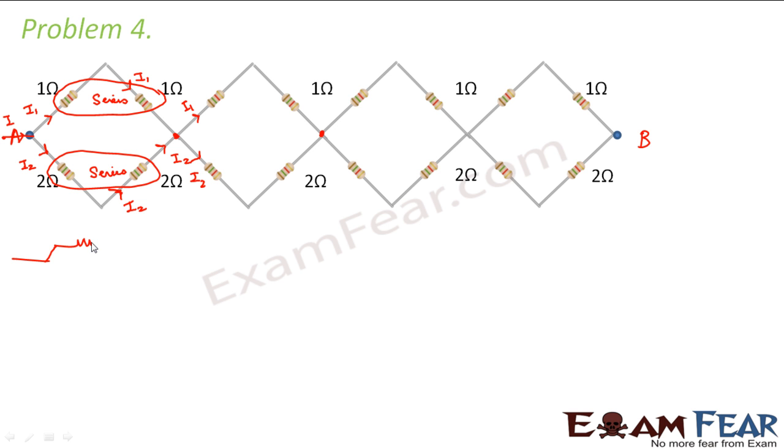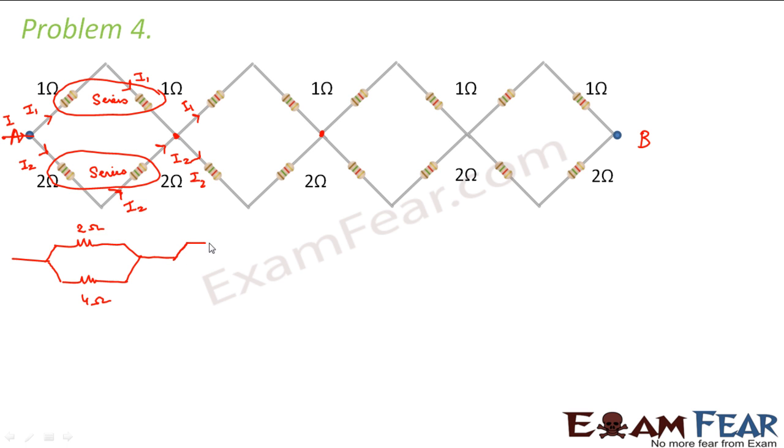So we are basically trying to simplify. So if you combine these two, what is the equivalent resistance? It is 1 plus 1, that is 2 ohms. Similarly, if you combine these two, what is the equivalent resistance? It is 2 plus 2, that is 4 ohms. So we can draw an equivalent circuit like this. So instead of these 4 resistors, now I have just 2 resistors.